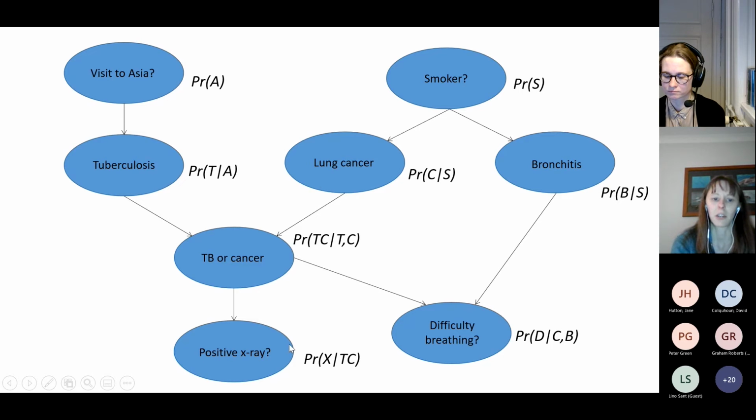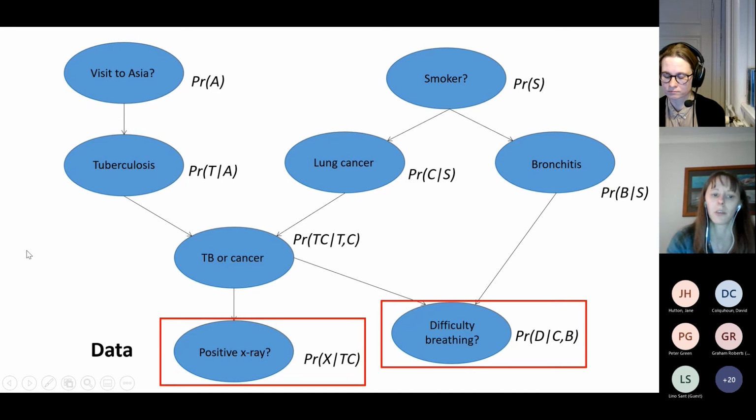And finally, down here, you can include in your network some information about the data, information where you would have knowledge about a patient's illness, for example, whether or not they have a positive X-ray for TB or cancer, whether or not they have experienced difficulty breathing recently. And information about these particular nodes can be used to update the node of interest, which might be, for example, does this patient have TB or cancer?